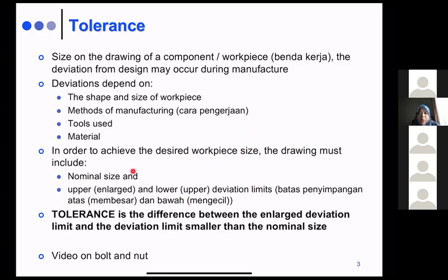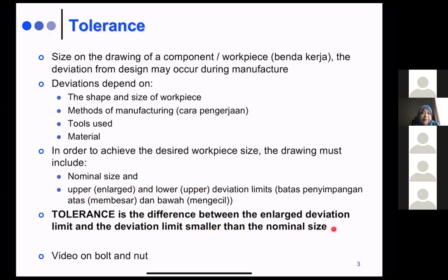We have to write the nominal size, so how long this piece is, for example exactly 100 millimeters, and then we add the upper and lower deviation limits. The tolerance is the difference between the larger deviation limit and the smaller deviation limit from the nominal size.